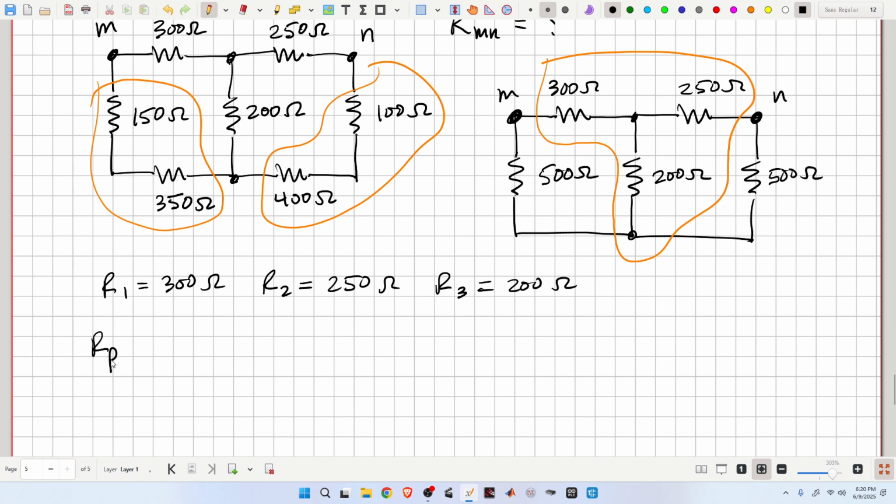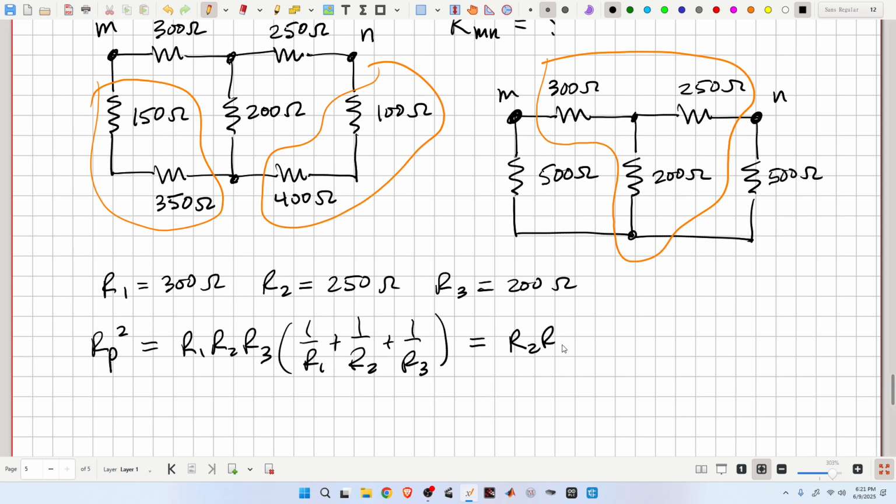So Rp squared is R1, R2, R3 times 1 over R1 plus 1 over R2 plus 1 over R3, and actually a little more economical formula as far as we're using on a calculator is to multiply these out. This would just take out the R1 from this product, so you'd have R2, R3. The next one you'd take out the R2, so R1, R3, and the final one you take out the R3, R1, R2.